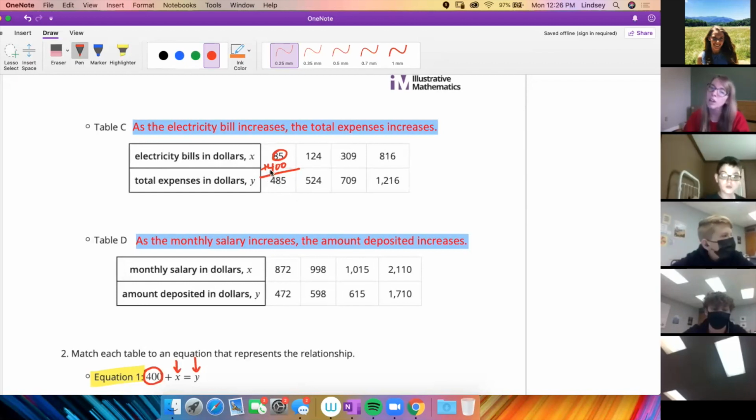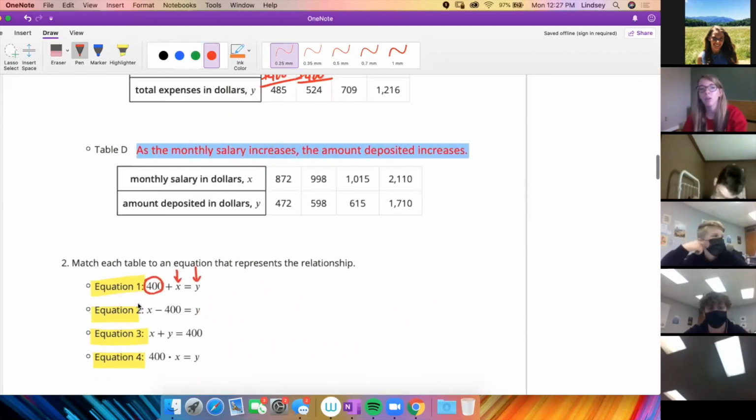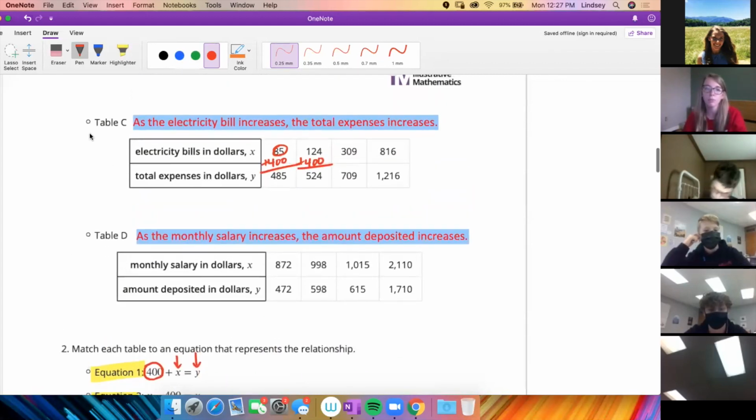But let's not just jump the gun on the first one, because like we saw in our first table, we have to find a pattern. It has to work through the whole table. Let's try one more just to make sure. Is 124 plus 400 524? Yes, it is. So equation 1 goes with which table?